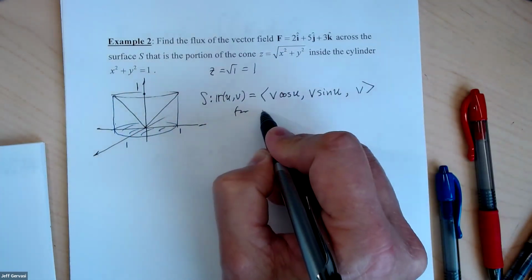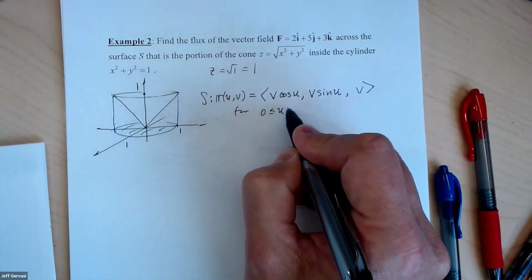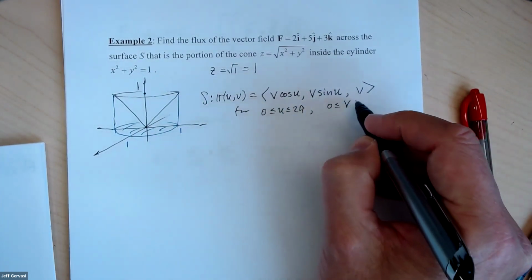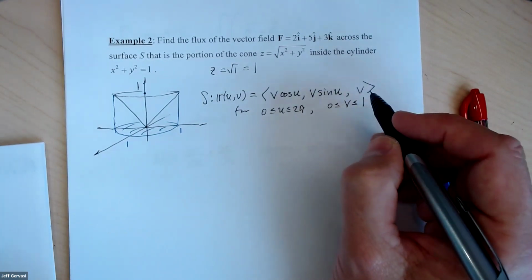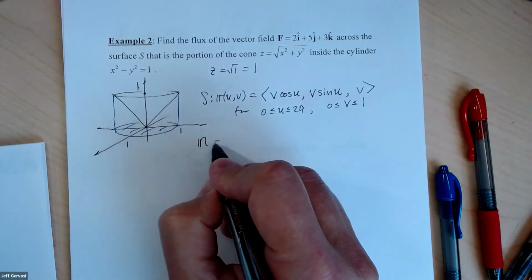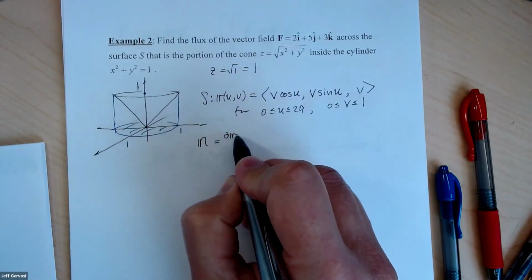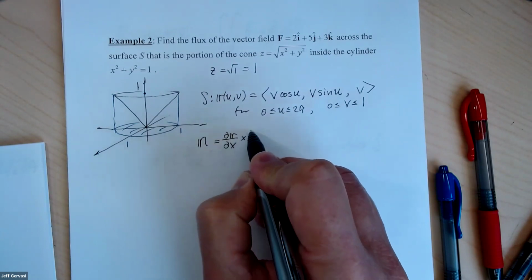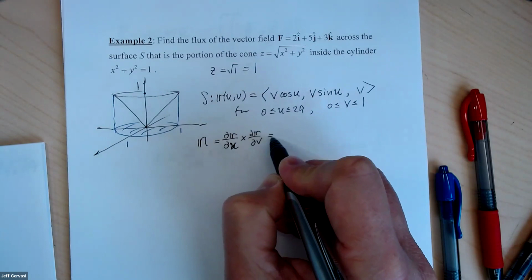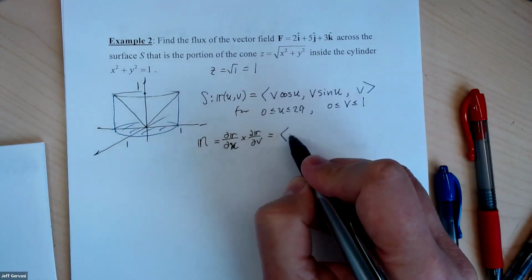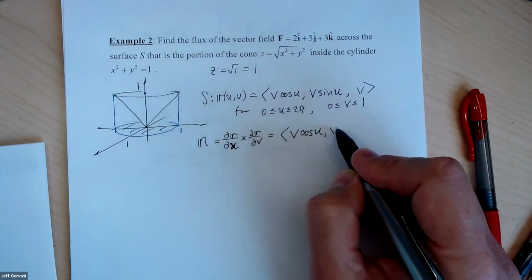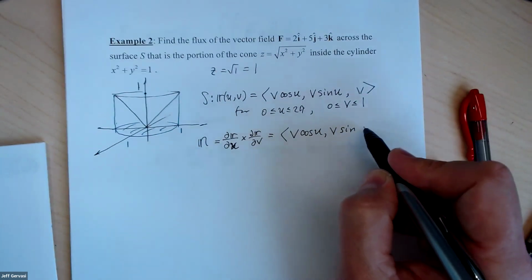And that's going to be for u between 0 and 2 pi, v between 0 and 1. Okay. Now, based on this, the normal vector n will be as follows. And again, verify this. Now, don't take my word for it. You actually find this cross product and verify my result.